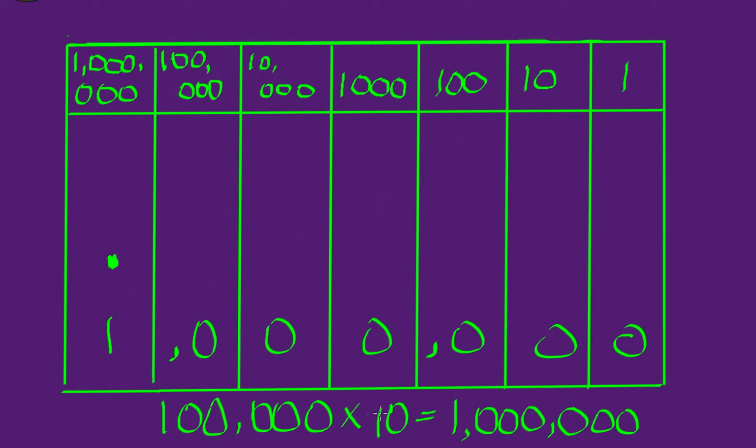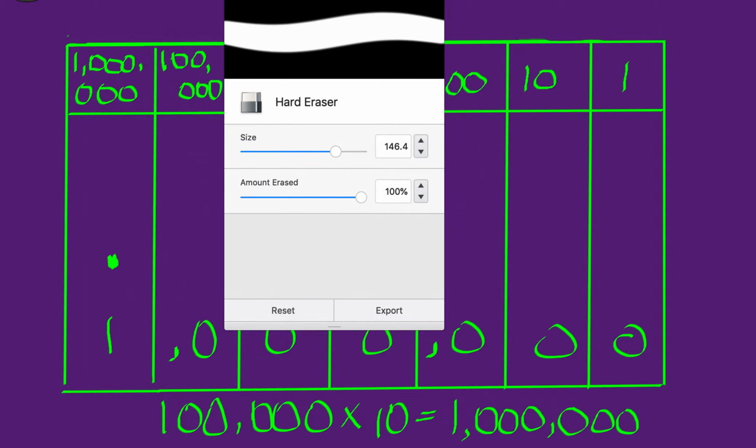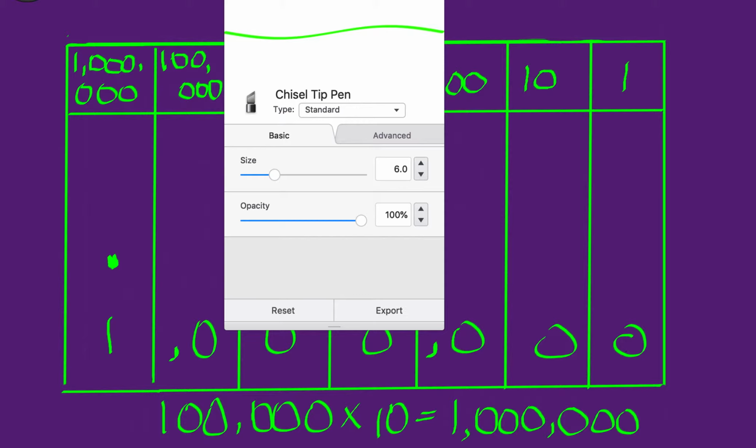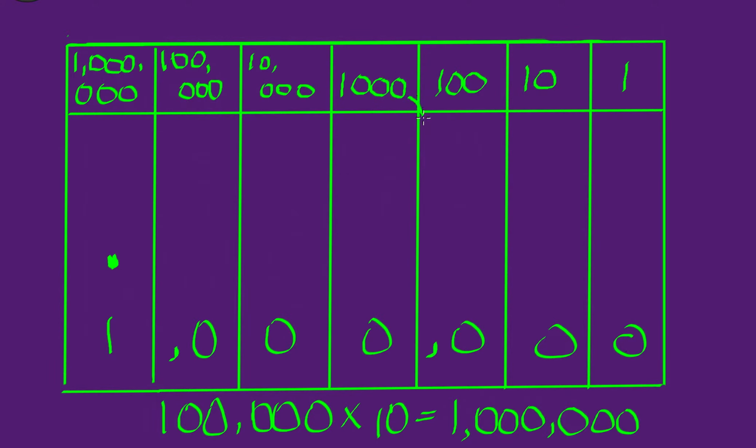So 100,000 times 10 equals 1 million. Now you have 1, 2, 3, 4, 5, 6, 7 place values filled in on your place value chart. So it goes 1, 10, 100. Then you're going to put a comma right here, because 1, 2, 3 place, comma. 1, 2, 3 place, comma.